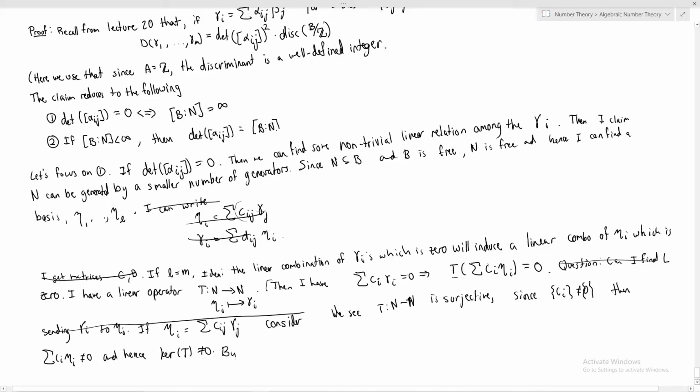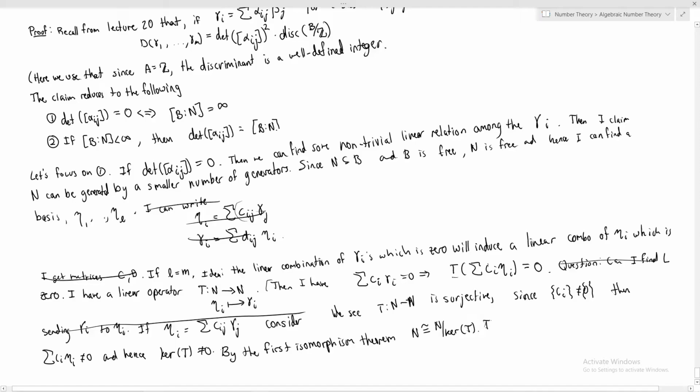By the first isomorphism theorem, N is isomorphic to N mod the kernel of T. Now this is definitely a contradiction.